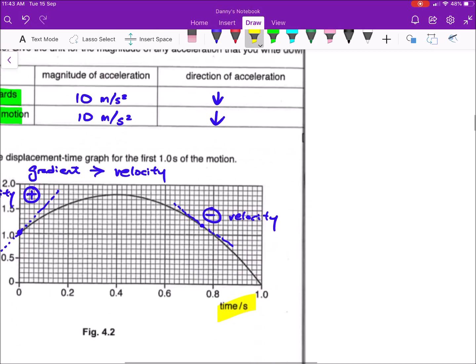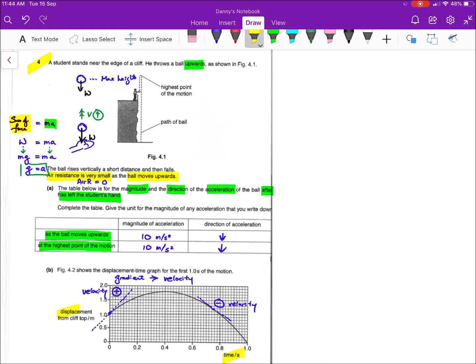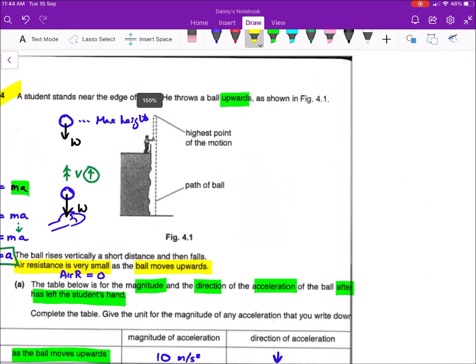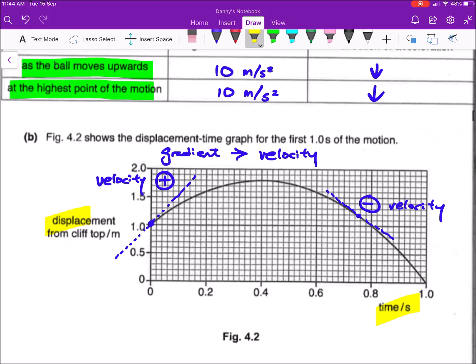So actually down here, you can see that at first the ball is going up into the air. So when it is going up into the air, velocity is positive. When it reaches the maximum height, then the velocity becomes negative. It starts coming down. So that's why I say the sign of velocity tells the direction.